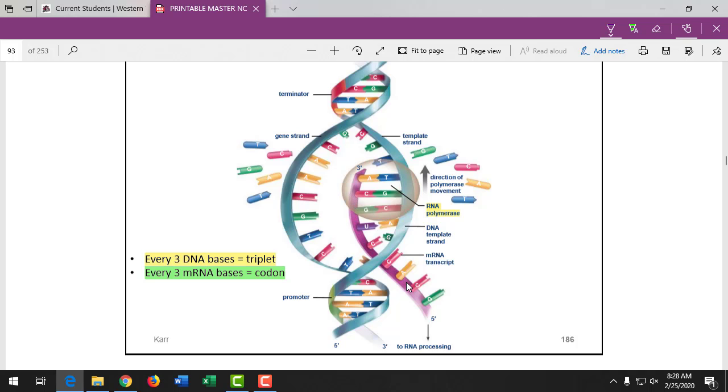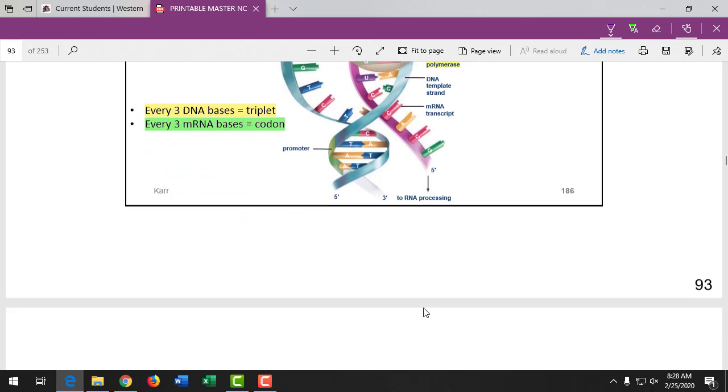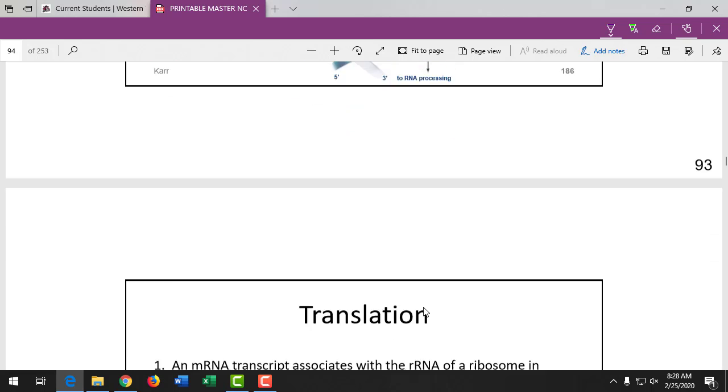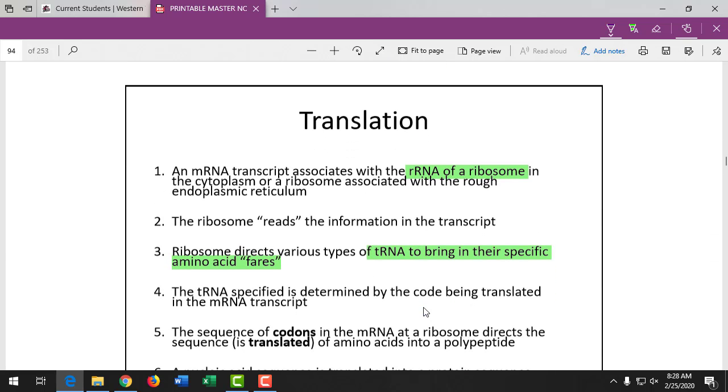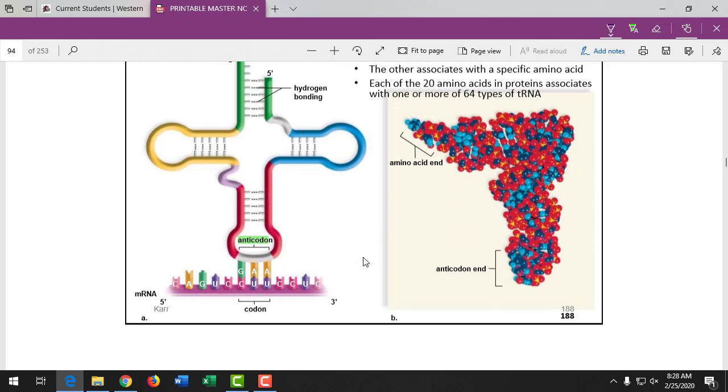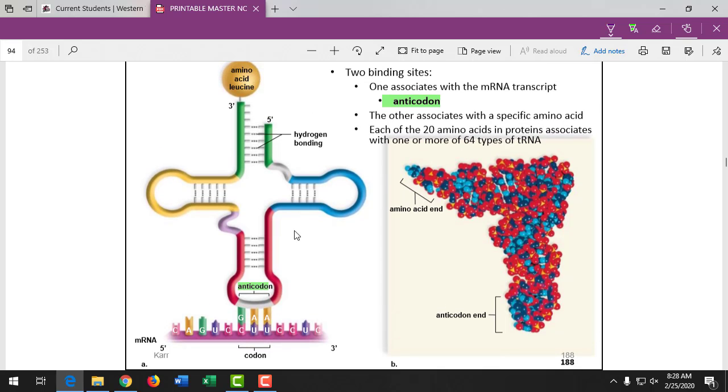Then this messenger RNA strand is going to be complete once we hit that stop codon, and it's going to break free, and a couple more things happen after that that remove the introns and keep the exons, the nonsense DNA is spliced out, but that's beyond the scope of what we need to know. So then that messenger RNA comes out, hooks up with the ribosome, and this large transfer RNA has an anticodon sequence.